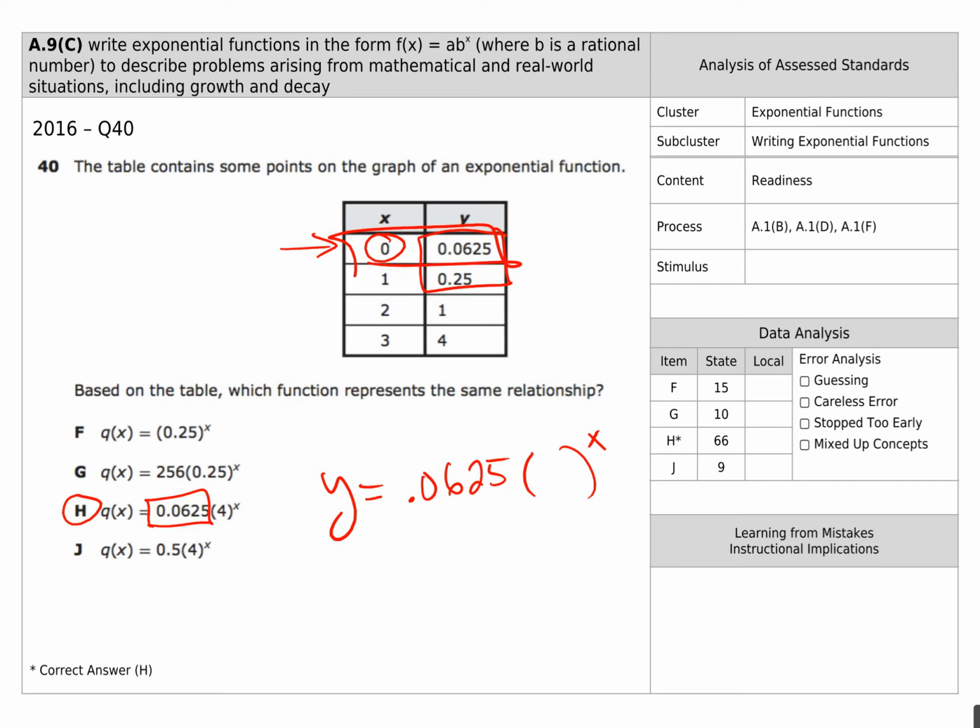So we would have to see what the growth value is. Now, remember, when it's not easy to see what the growth value is, it would be easy if we skipped these first two and said, oh, it's multiplying times 4. But excluding that, if they were all decimals and it was hard to see, remember, you take your second one and divide it by the one above it, or the last one and the one above it. You can divide any two by the one above it, and it will give you what that growth rate is. Nonetheless, we said it is times 4. That's the growth rate. The answer is H on all accounts.